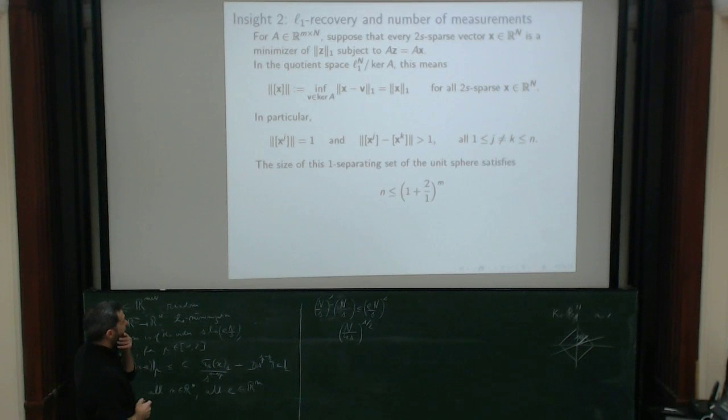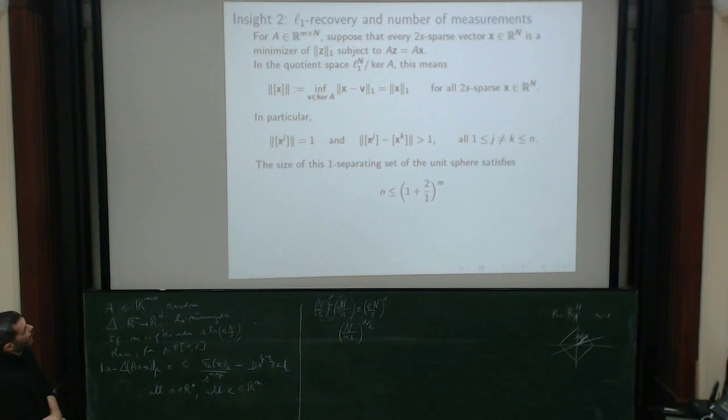Now, it means that on the sphere of this vector space, we have points that are separated by a distance 1. There cannot be too many of them. In fact, the bound I told you yesterday about covering number is the same thing.